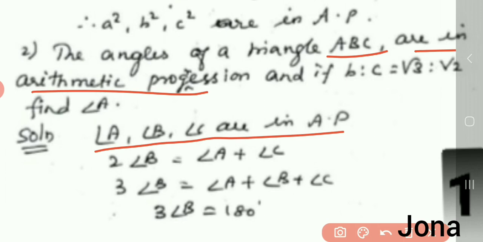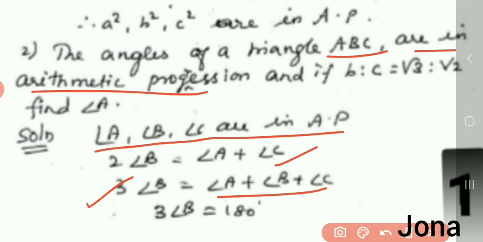So I can write this as 2 into angle B equals angle A plus angle C. I want to add angle B on both sides, so that we have 2B plus B, that is 3B, equals A plus B plus C. A plus B plus C is nothing but the sum of angles in a triangle, which is 180 degrees.